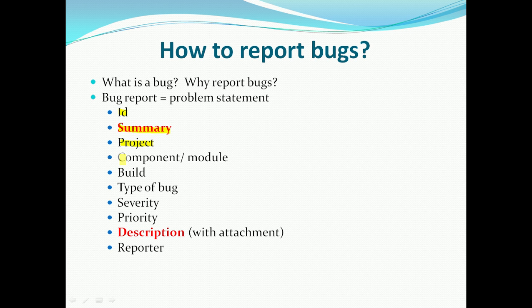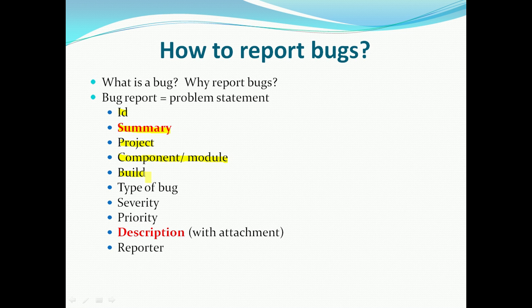If the bug is specific to a particular component or module, then you have to specify that. The purpose of all these fields is to provide as much specific data to the developer as possible, so that they can narrow down the problem, reproduce it, and come up with a fix or a solution that takes care of all the things mentioned in the bug report.